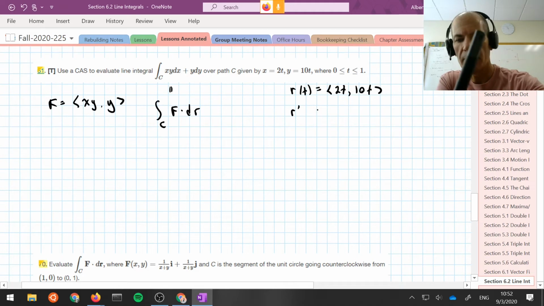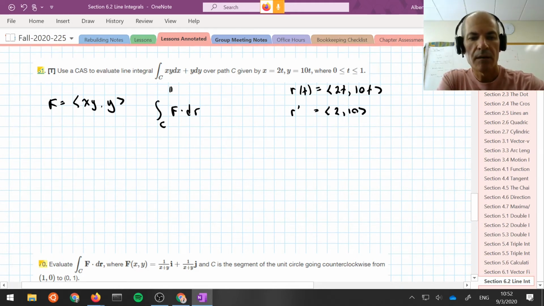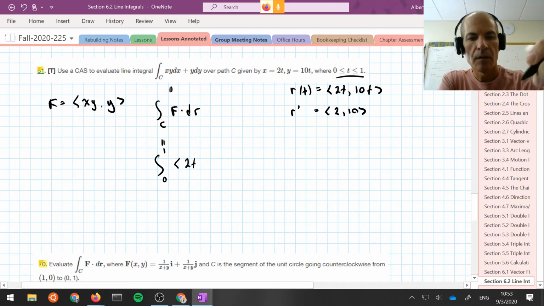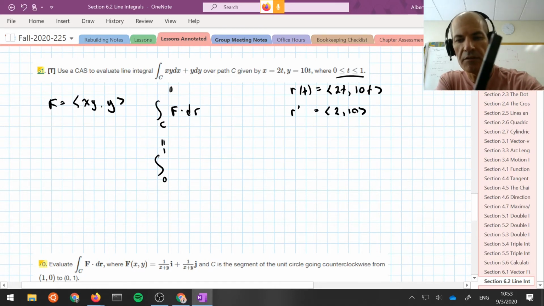Let's compute r prime. That's 2 and 10. And let's rewrite this integral. What's the parameter range? It's 0 to 1. That's over here. We need to express F along the path. So x is equal to 2t. Let's do F of r right here.